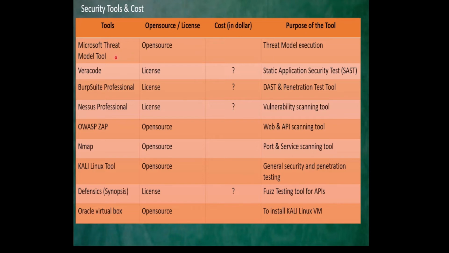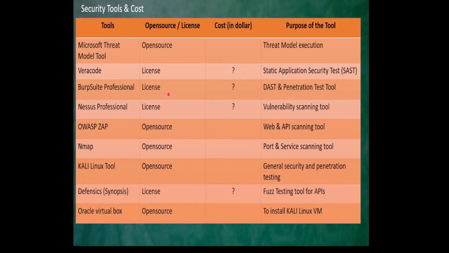Example, the Microsoft Threat Modeling Tool is open source and the purpose of the tool is threat model execution. Veracode, this is license. We need to consider the Veracode cost from the vendor or internet and update it in the sheet. The purpose of the tool is to execute SAST scanning.